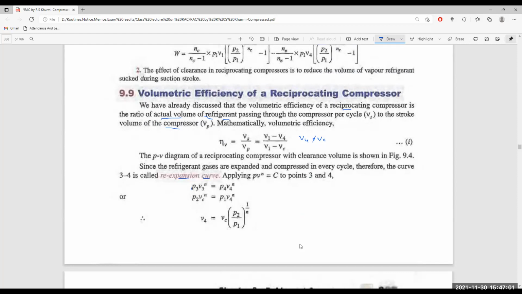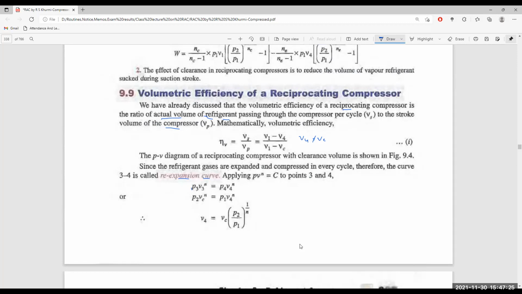From the end of discharge to the beginning of suction, the amount of expansion which takes place is given by the curve 3 to 4. That is isentropic expansion, so we are applying PV to the power n equal to constant to this particular curve.